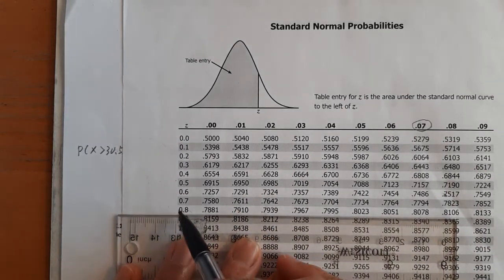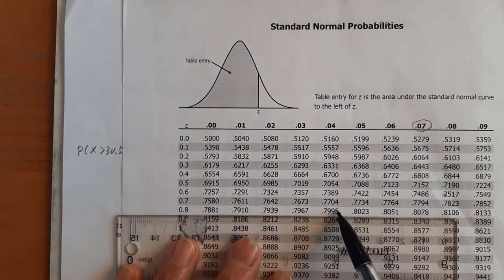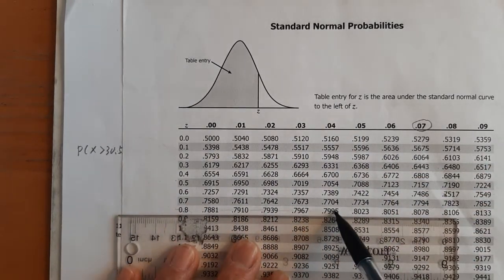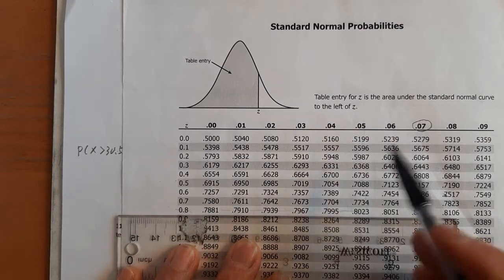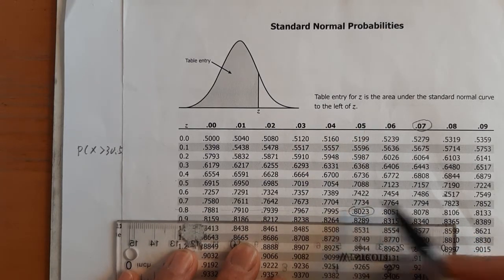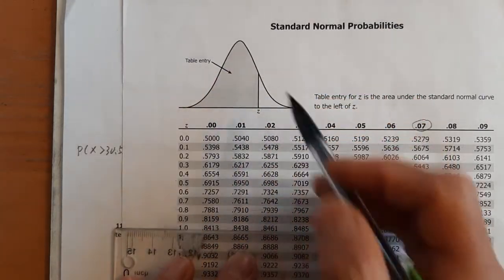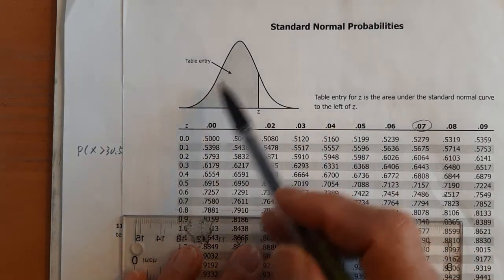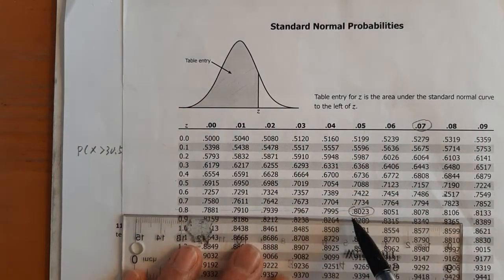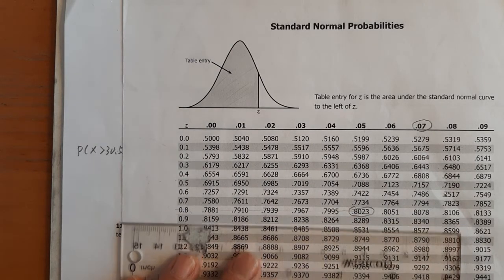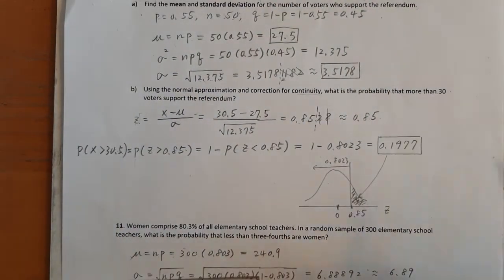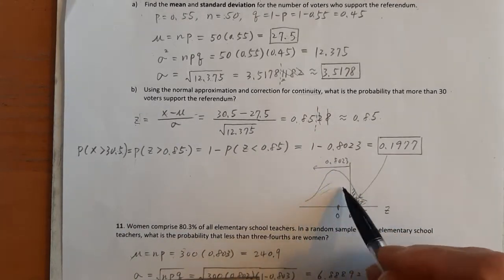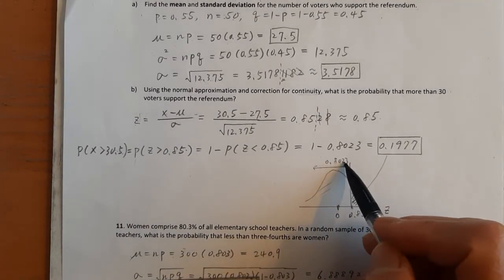When z is equal to 0.85, the area to the left is 0.8023.